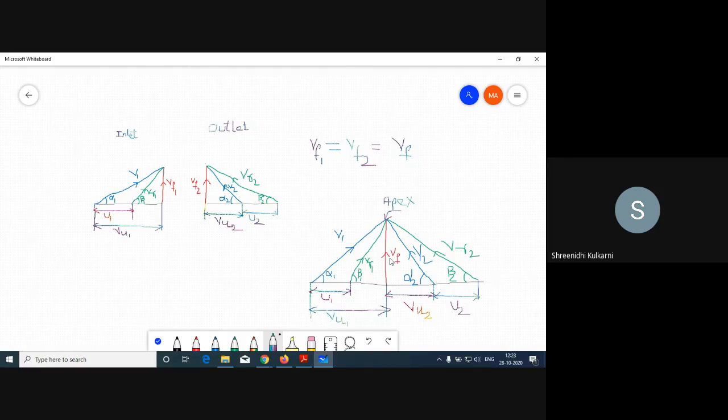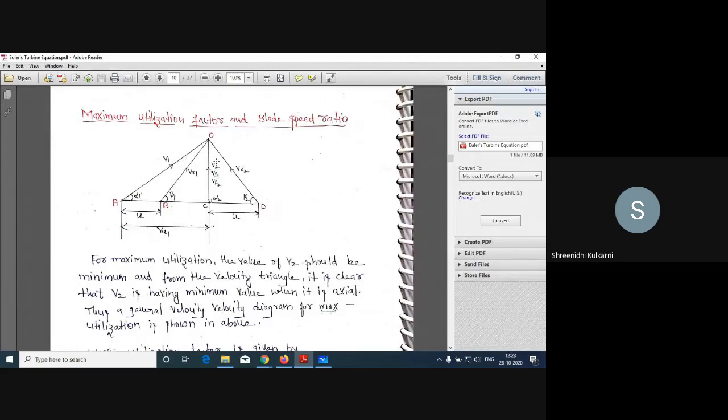This is the common apex to draw the velocity triangle. You just see here. In this case, we use a common apex and we draw the velocity triangle.